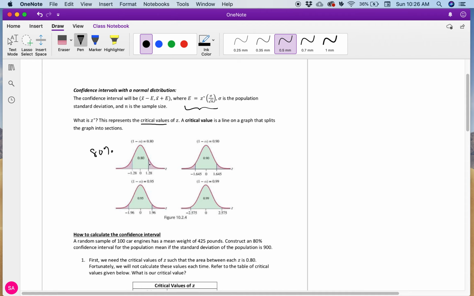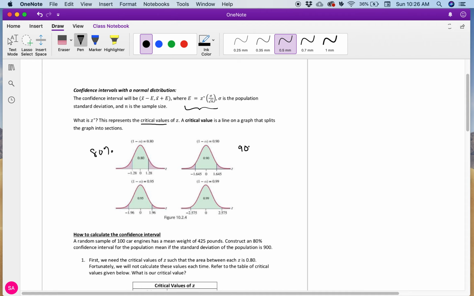And then the rest of the area under the curve, which would be about 0.2, is here in the pink, right? So this is an 80% confidence interval. And these are the z values that are associated with an 80% confidence interval.